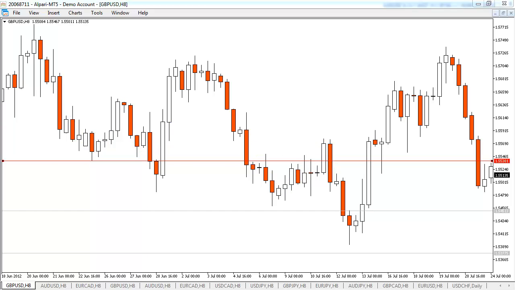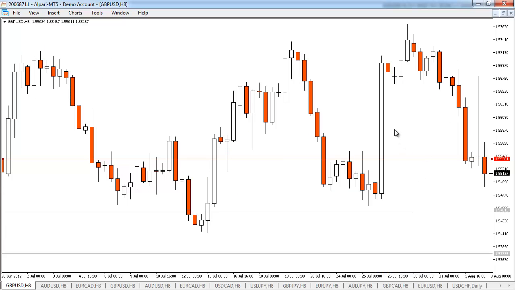And one other very important thing to remember: recent data is always most important. With time, these support and resistance areas are liable to move 10 pips up, 20 pips up, 30 pips up, or 10, 20, 30 pips down. So the further you go back, you're going to notice the less accurate it gets.